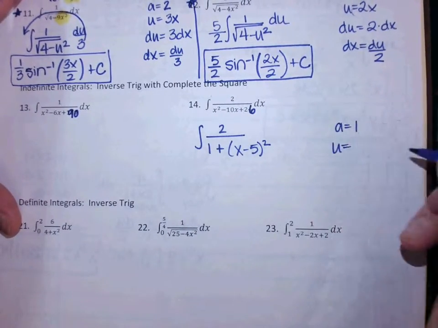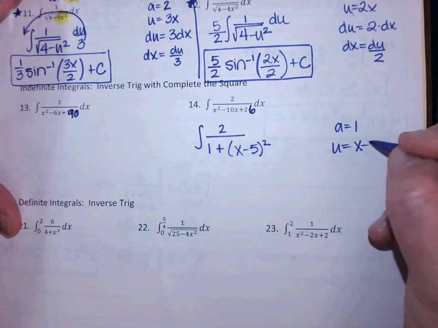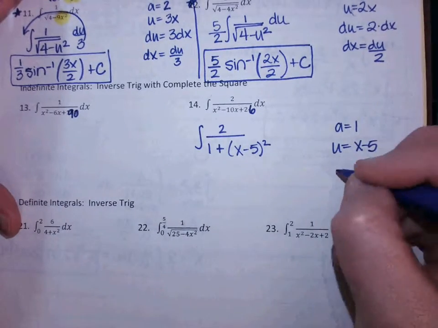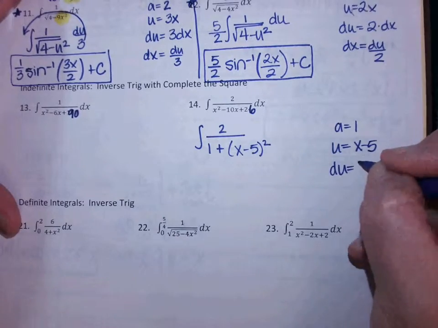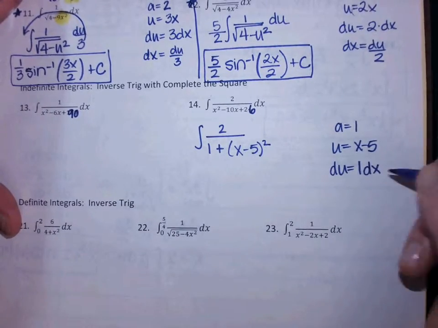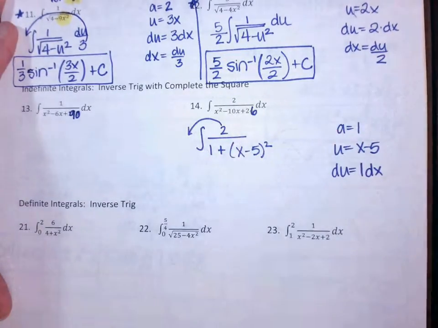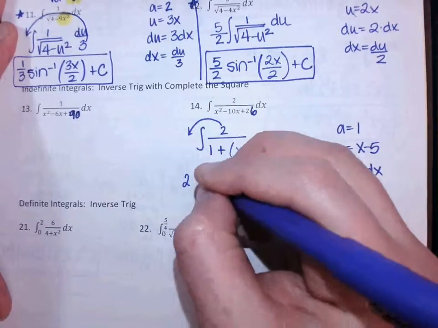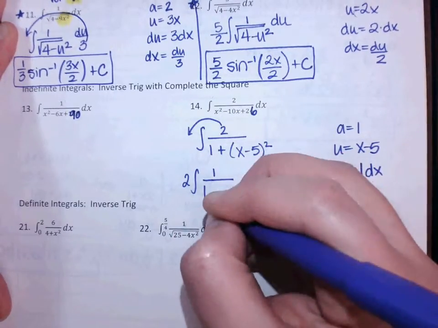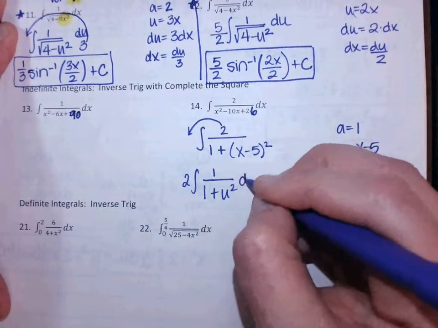What's my u? And then remember, if that's what u is, then du, if it's an x, is just a 1 dx. And remember, if it's a 1 dx, you don't have to worry about extra funny stuff. Then from there, you can take the 2 to the outside. That's 2 times the integral of 1 over 1 plus u squared du.